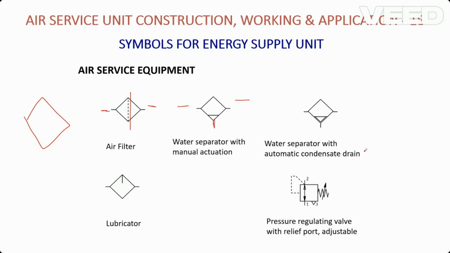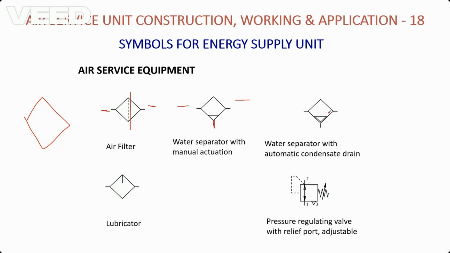The next one is the automatic drain. It is the same symbol as the manual drain unit, but with an inverted triangle inside. This is nothing but using an external source of energy. Mostly we use a relay-supported valve to open and close at particular intervals of time.